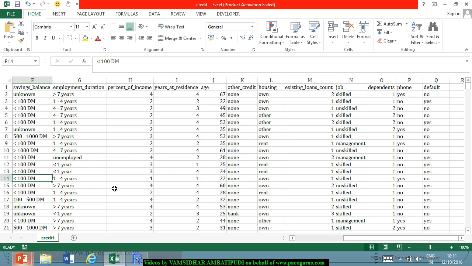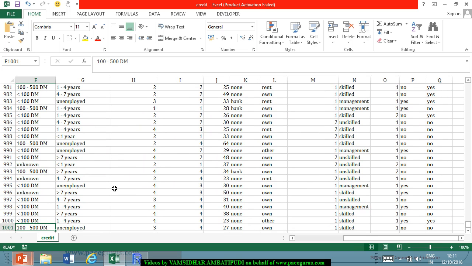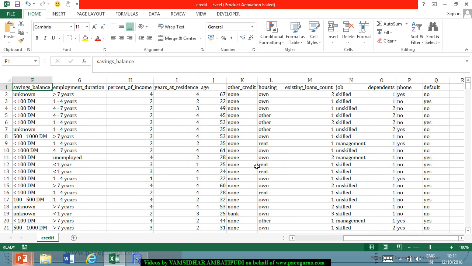There are close to 1,000 records, data of 1,000 customers, and whether they defaulted on a loan or not. This is the class I'm interested in predicting: whether a particular person will default on a loan or will not default.